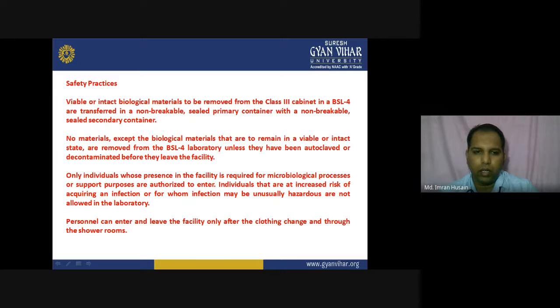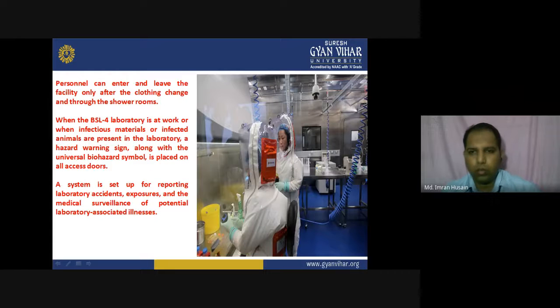Personnel can enter and leave the facility only after a clothing change and through the shower. Here you can see the image of a BSL-4 facility, how the individuals are connected and covered in full body suits along with their PPE kit.